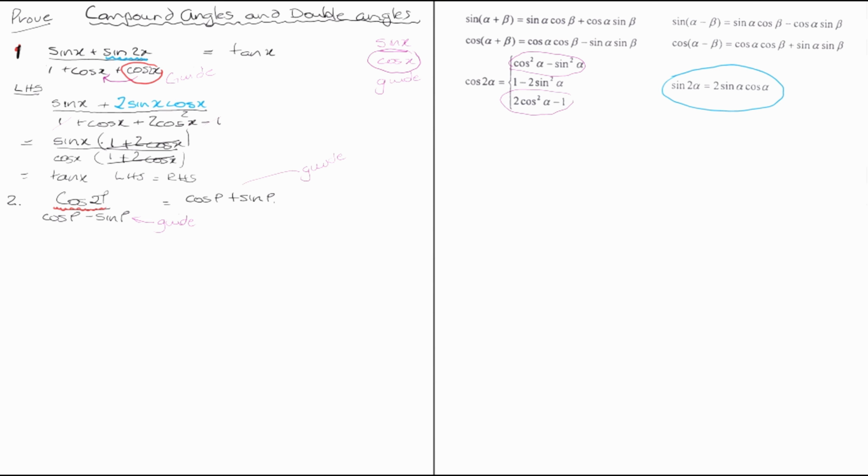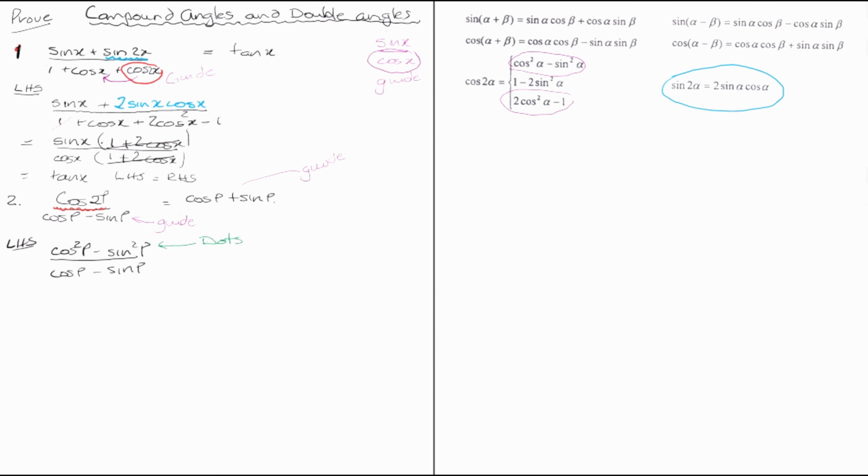Right, so left hand side, cos 2p is going to be cos squared p minus sin squared p, and the denominator is cos p minus sin p. Something to notice is that formula is dots, and we use dots often, difference of 2 squares.